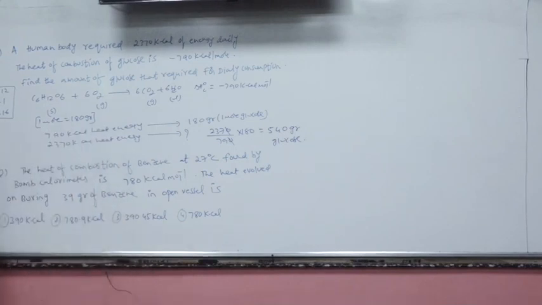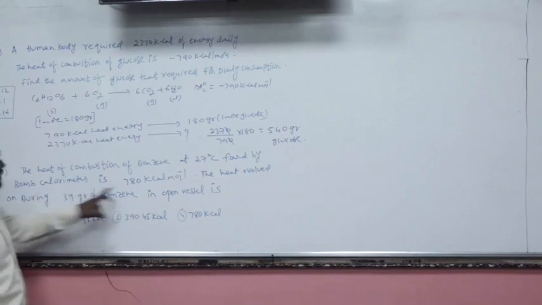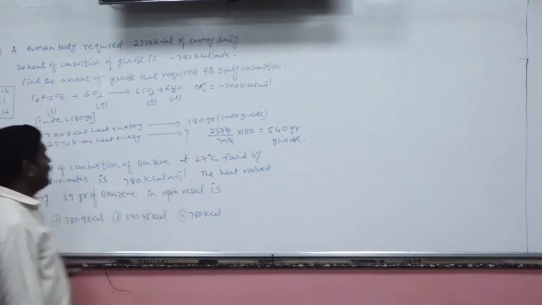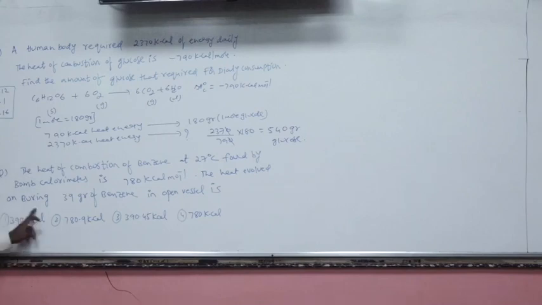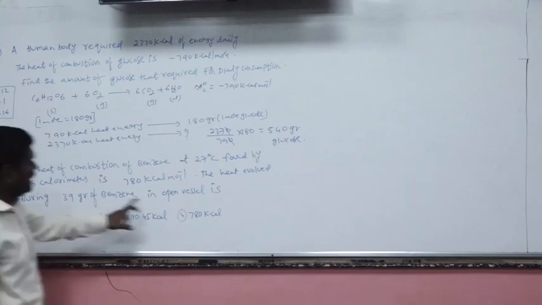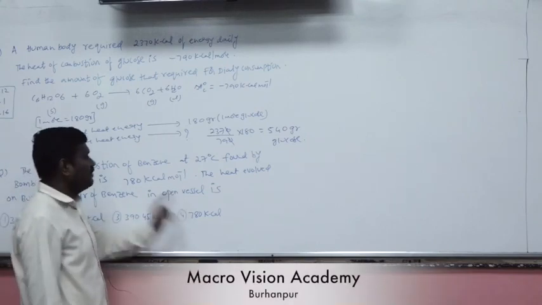Now, the heat of combustion of benzene at 27 degrees centigrade was found by Bomb calorimeter to be 780 kilocalorie per mole. Find the heat evolved on the burning of 39 grams of benzene in an open vessel. This is very important.